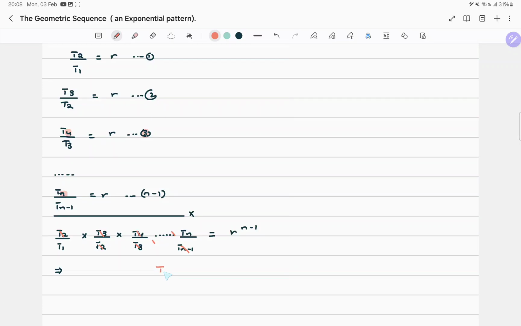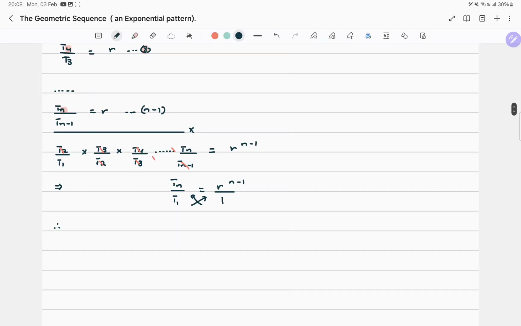So this means Tn over T1 is equal to r to the n minus 1 all over 1. Now we cross multiply. What do we end up with? Because our job is to define the nth term, which can be regarded as any term in the sequence, or commonly the last term of the sequence.